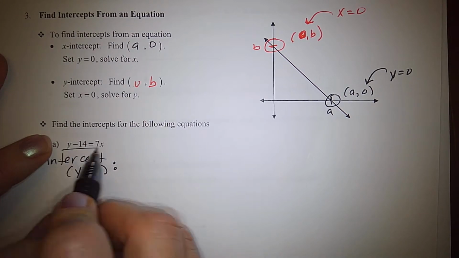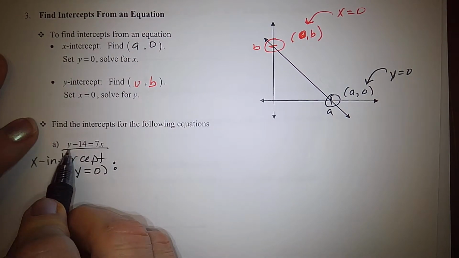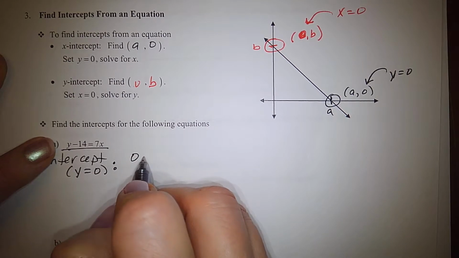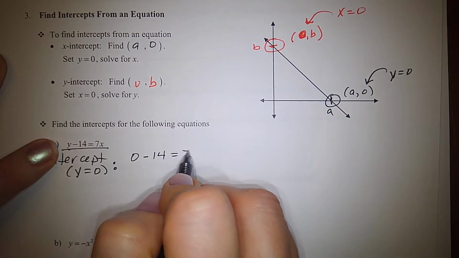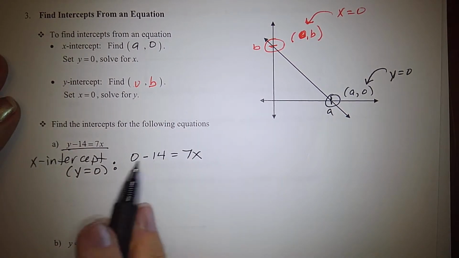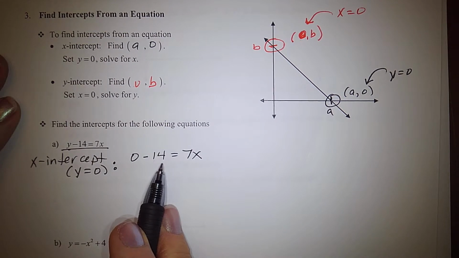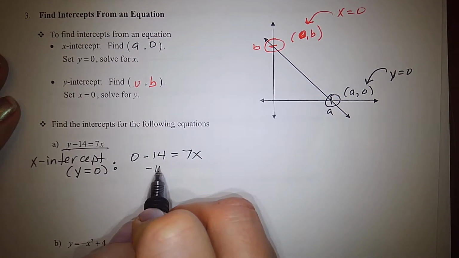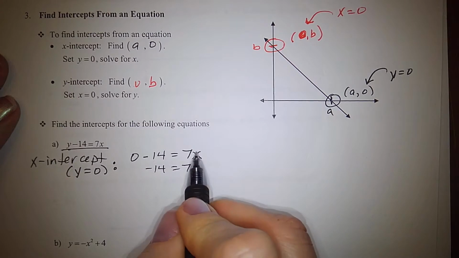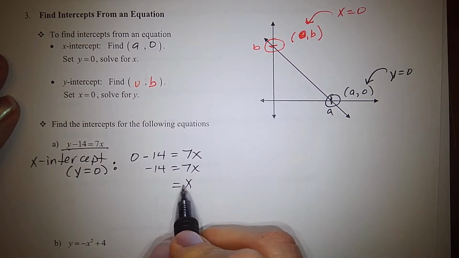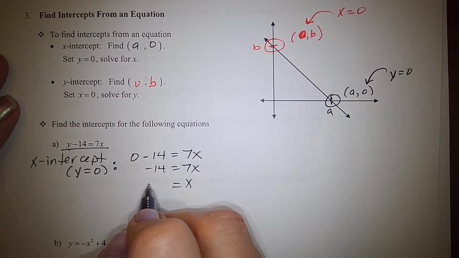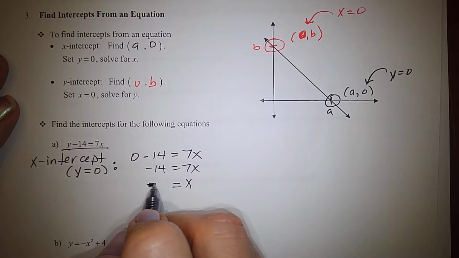So up here, we're going to set Y equal to 0. That gives me 0 minus 14 equals 7x, and then we solve this for x. So we have negative 14 equals 7x, and when I divide both sides by 7, you get x is negative 2.